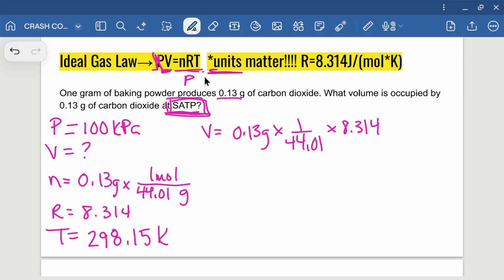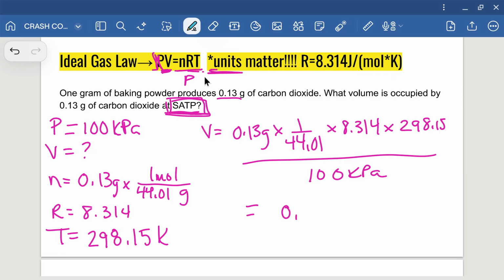To save room, I'm just not going to put in those units. Times the temperature, 298.15. I just want to make sure I have that right. 298.15. And then take all of that and divide it by 100 kPa. Then I go ahead and plug this in and answer to 2 sig digs, and I get 0.073 liters.